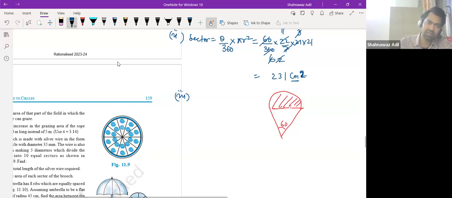So how can we calculate this area, Shaima? Yes, Shaima. Area of sector minus area of triangle. Yeah, so sector minus triangle, right? This is 21. So how will we calculate the area of the triangle?